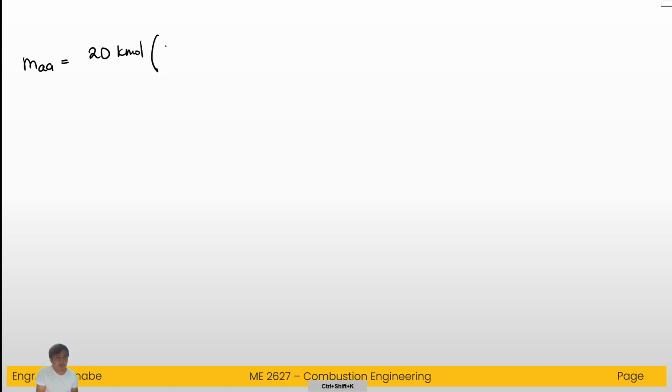So the molecular weight of oxygen is 32, so 32 kilogram of oxygen per kilomole of oxygen, no?